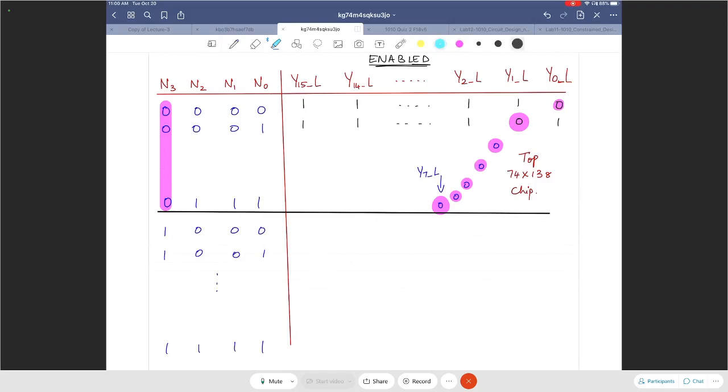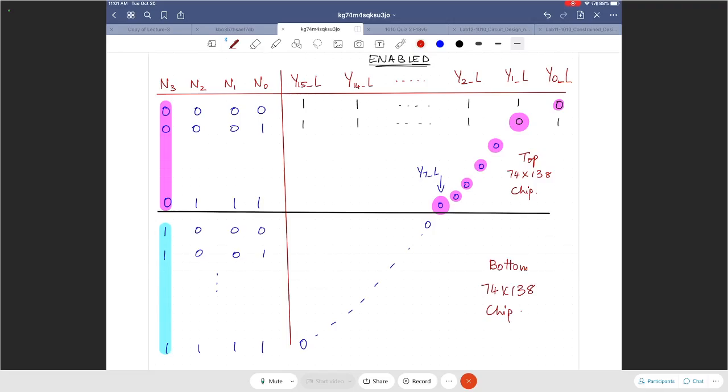And over here, my N3 is 1. N3 basically determines which chip is enabled, yes. And my 0 during that time is going to move from here all the way to here. So that would be for the bottom 74X138 chip.